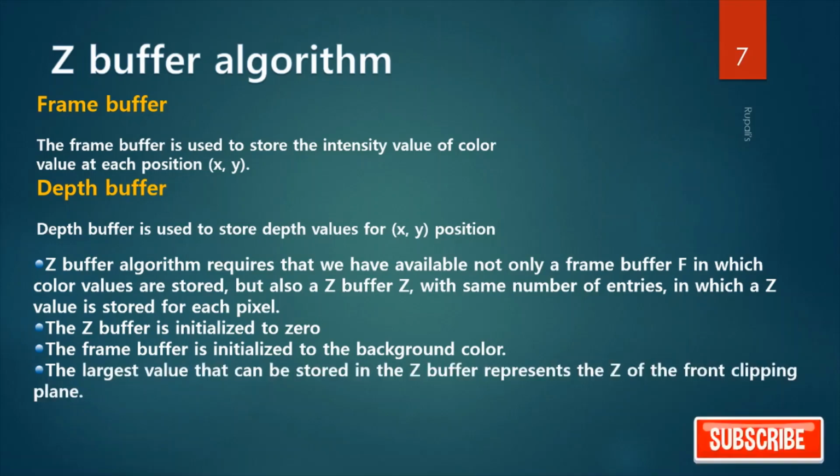The largest value that can be stored in the Z buffer represents the Z of the front clipping plane. So I repeat, at the front clipping plane the Z buffer has the largest value.